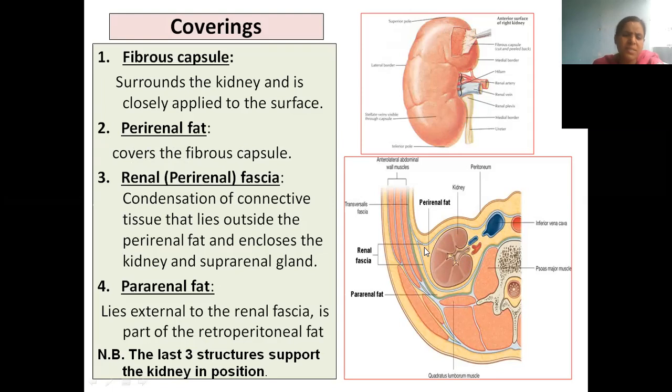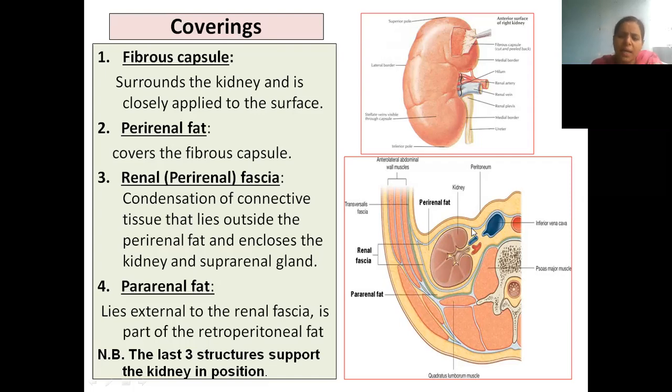Outside this perirenal fat we also have a fascia, the renal fascia. You can see this renal fascia shown as a white or light blue line. We have an anterior layer and a posterior layer of the renal fascia.